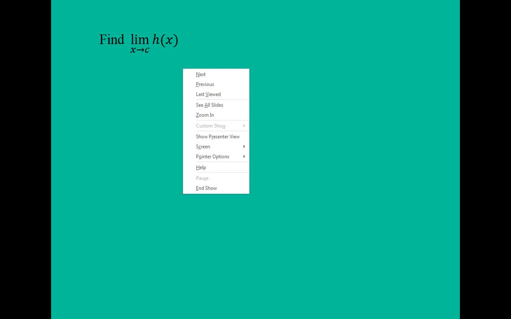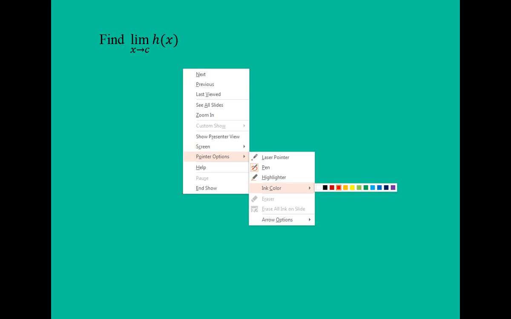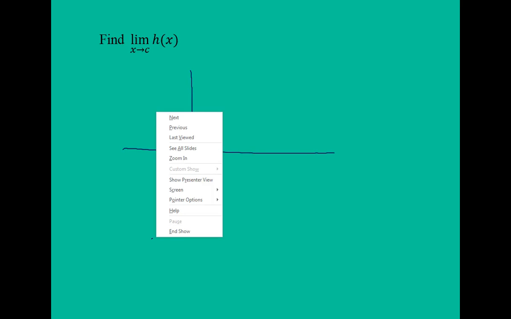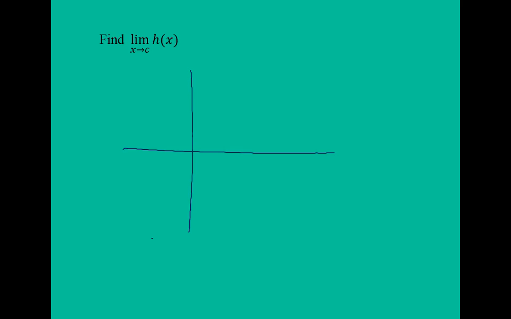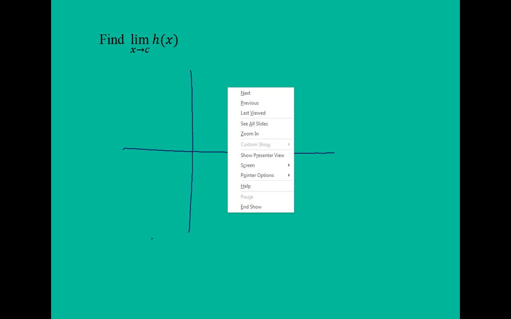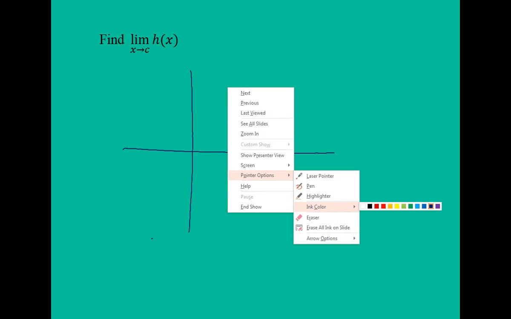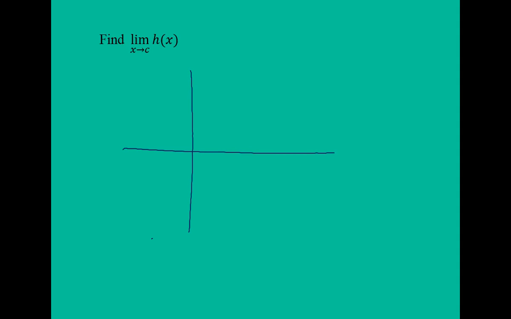So let's draw a graph here first of all. If we had the graph of some function here, let me change the colors so we can distinguish between our graphs. Say we have this graph here, and we're trying to find the limit of this function.